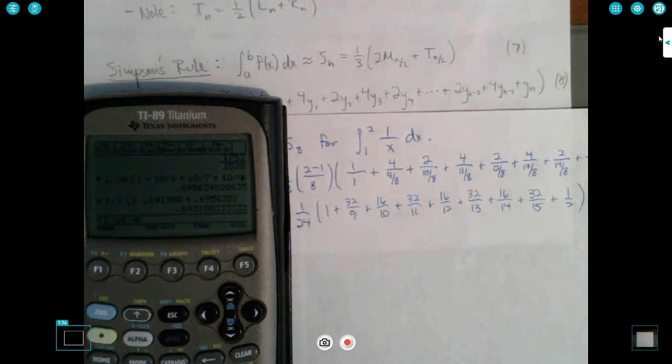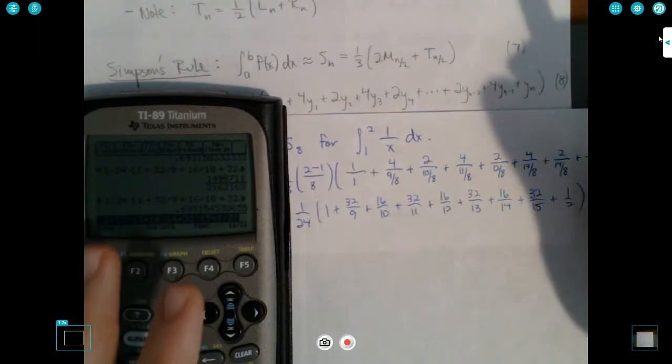But 1 over 24 times 1 plus 32 over 9 plus 16 over 10 plus 32 over 11 plus 16 over 12 plus 32 over 13 plus 16 over 14 plus 32 over 15 plus 1/2. Okay, that's reasonable based on all of our previous estimates, right? So that comes up to about 0.693155.